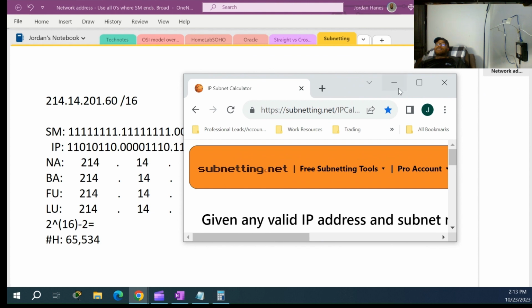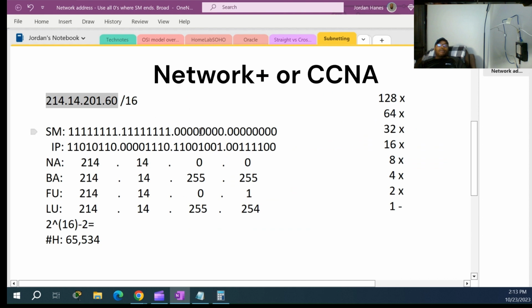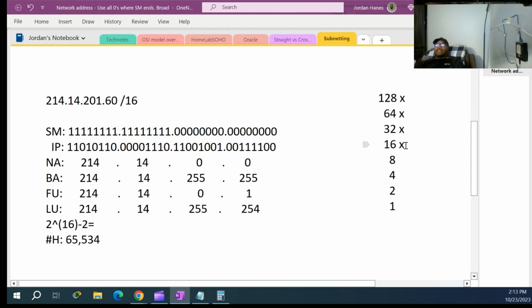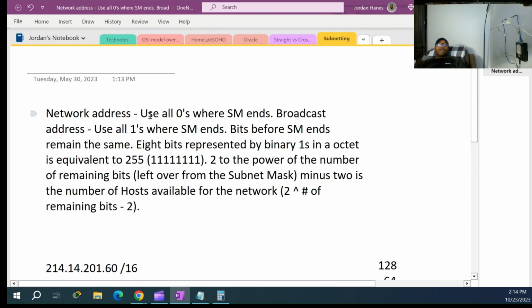One more mention. On the exam, what I like to do as a shortcut is find where the subnet mask ends. And with these rules, I know that I'm supposed to use all zeros where the subnet mask ends. And for the broadcast address, I'm supposed to use all ones where the subnet mask ends.